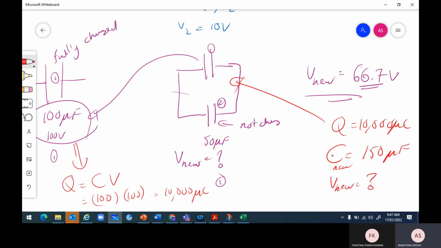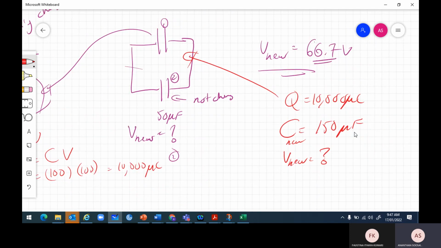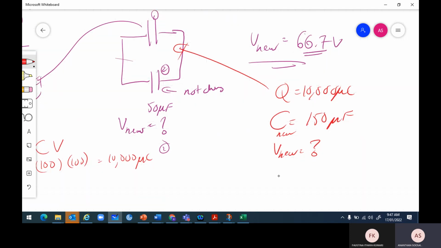So what will the new voltage be? What is the formula? C equals Q over V. The new capacitance with the total charge gives the new voltage.